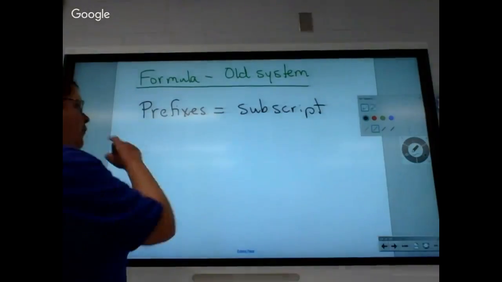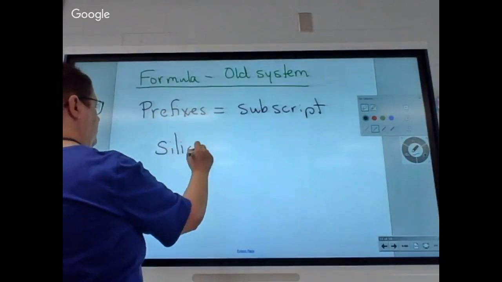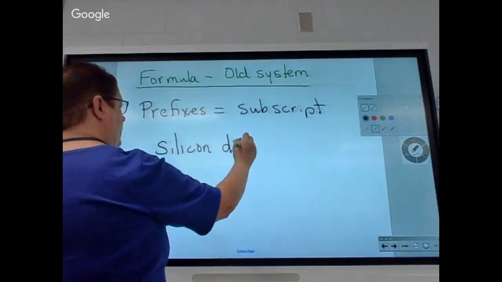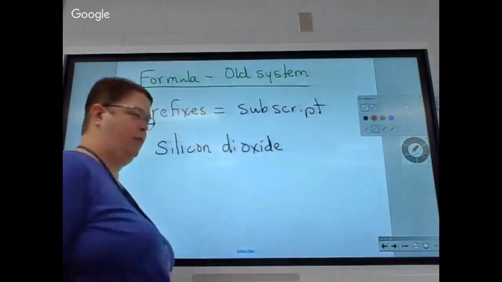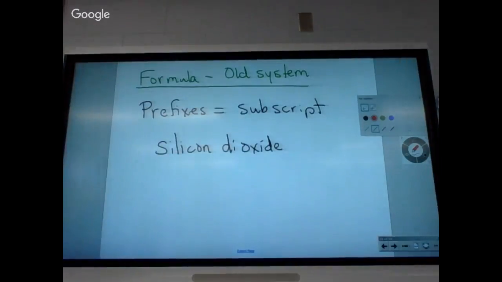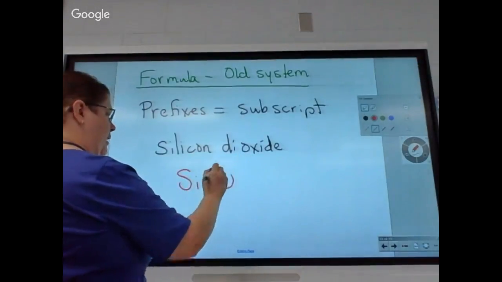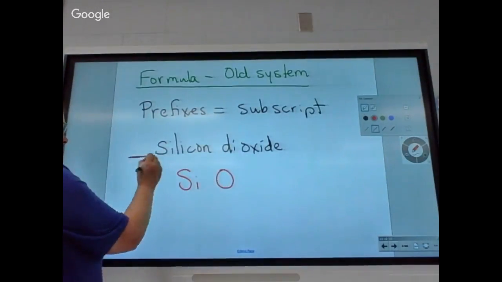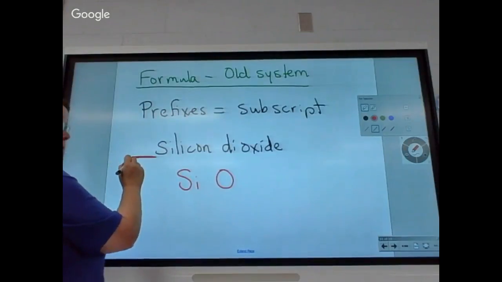So when I write a formula, like, let's say I write silicon dioxide. The prefixes are the subscripts. So I have silicon and I have oxide, right? What prefix is here? None, right?